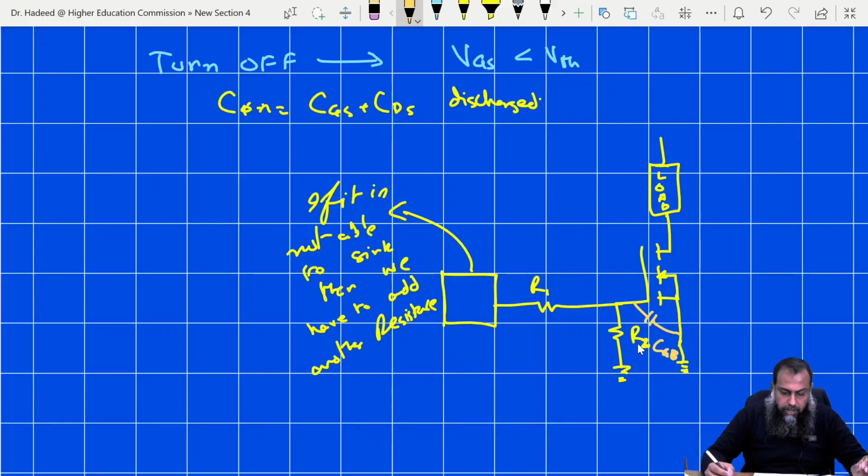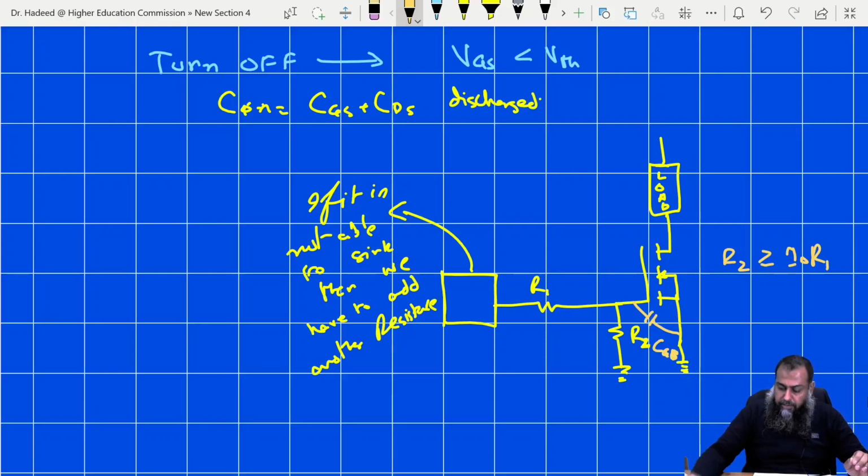Now, this R2 should be greater than or equal to 10 times the R1, because it is only used to discharge this capacitor once we have a low signal applied from this given controller. And this is usually required when the controller is not able to sink, that is, it is not able to take back the current which is due to the presence of the gate to source capacitance.